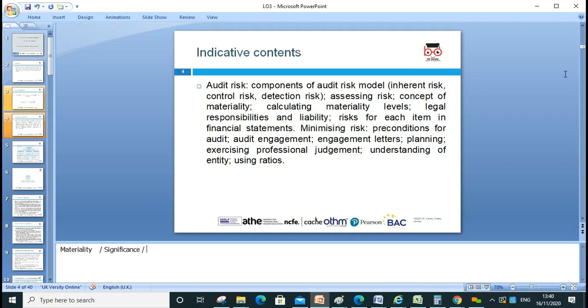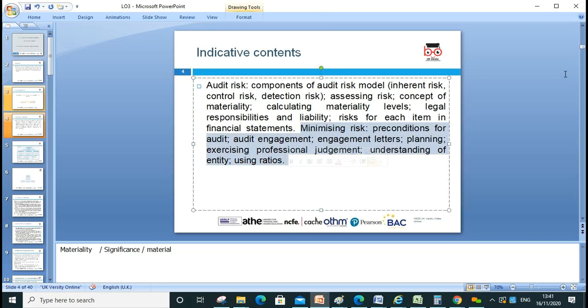It makes financial statements as easy as possible to understand. Excellent. So all the material information should be contained in the financial statements. Audit engagement, yes, we engage with the various stakeholders, and we can prepare the entity ratios. This is what we can cover in our discussion as well.